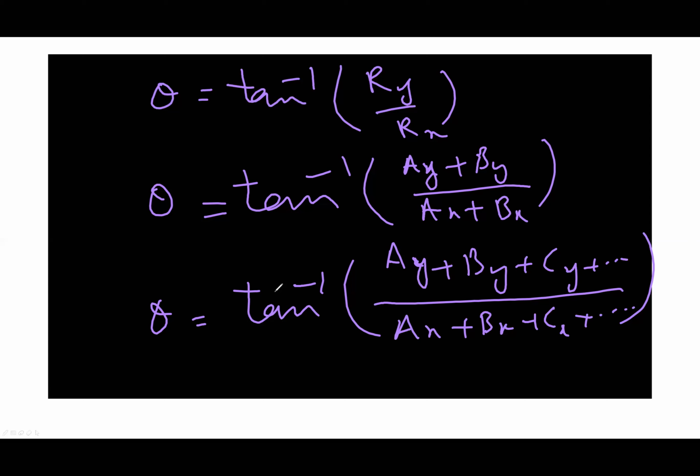Now, for the resultant vector, the magnitude is equal to the square root of the sum of the squares of its horizontal component and its vertical component.